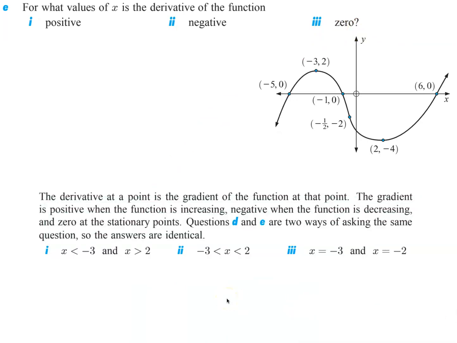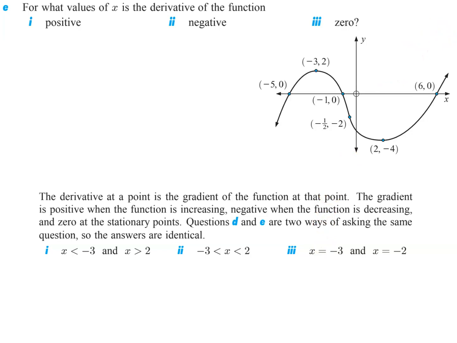And that's what all of this says down here. So you might want to pause the video and read that, but pretty much it's saying question D and E are two ways of asking the same question, and therefore we have the same answers.